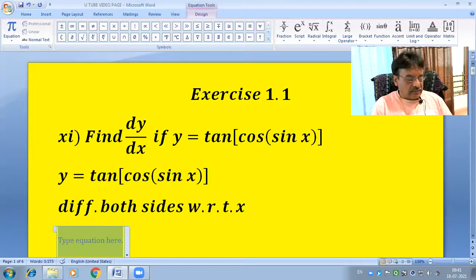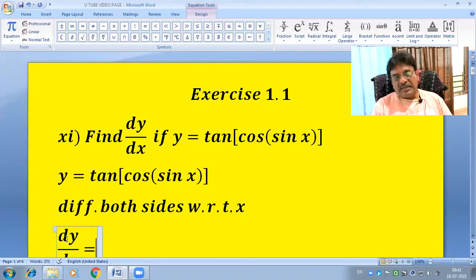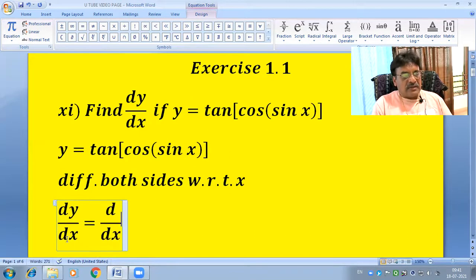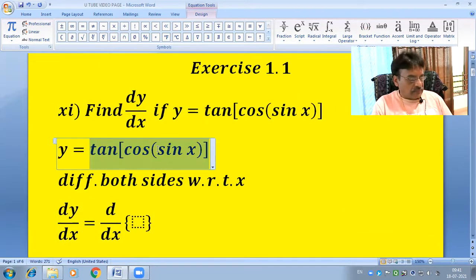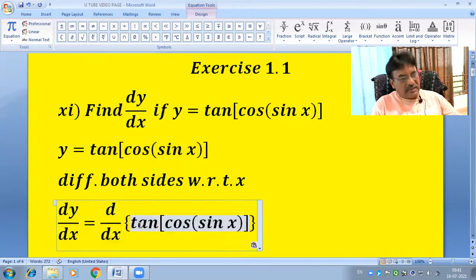So we write dy by dx equals d/dx of the RHS function, and the RHS function is tan of cos of sin x.